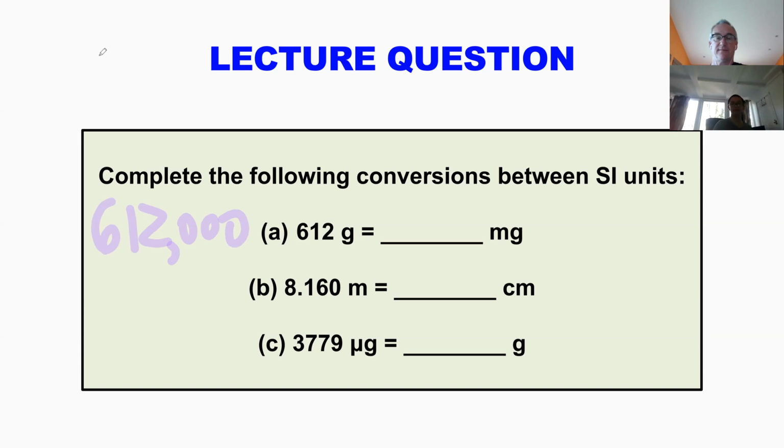Now, what about meters? How many centimeters would that be? 8.160 meters. 816. Nope. 0.0, yes. That 0 is there for a reason because it tells us we've measured that number to that precision.